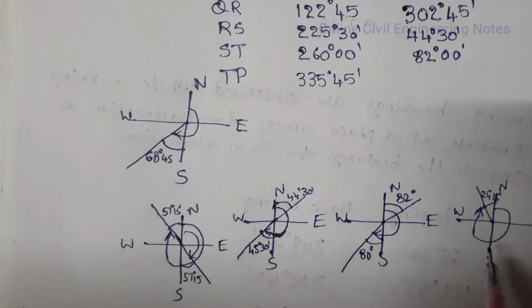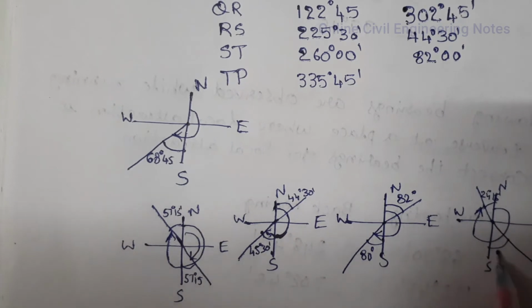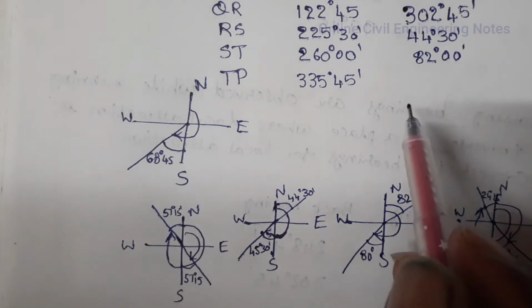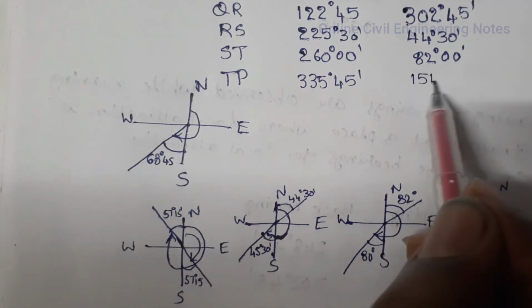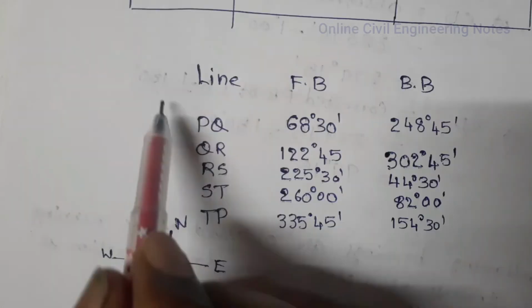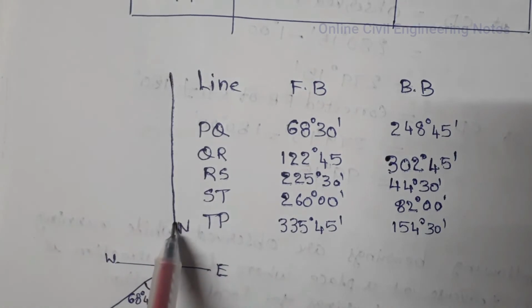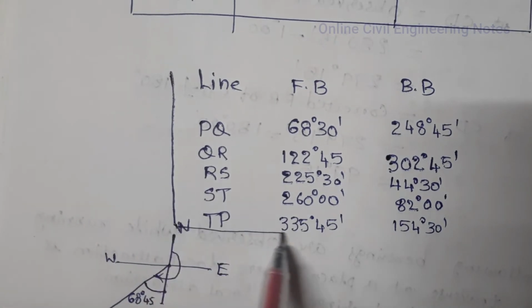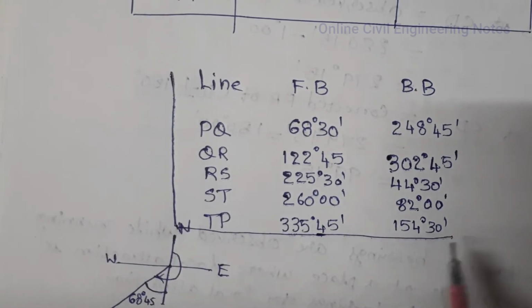Back bearing is S 25 degrees 30 minutes. Whole circle bearing is 180 minus 25 degrees 30 minutes, which is equal to 154 degrees 30 minutes. So we have converted all these bearings into whole circle bearing system.